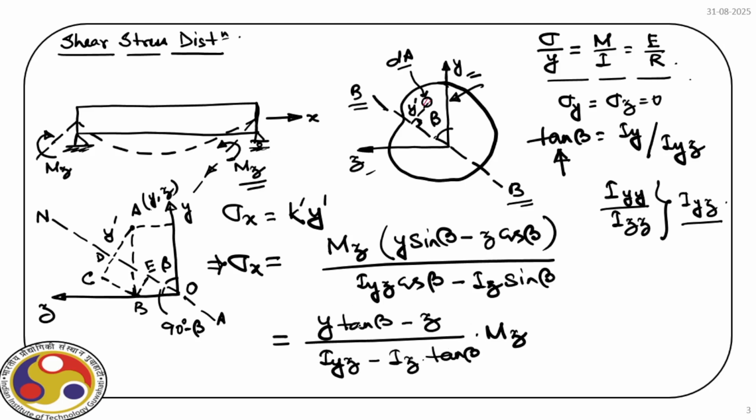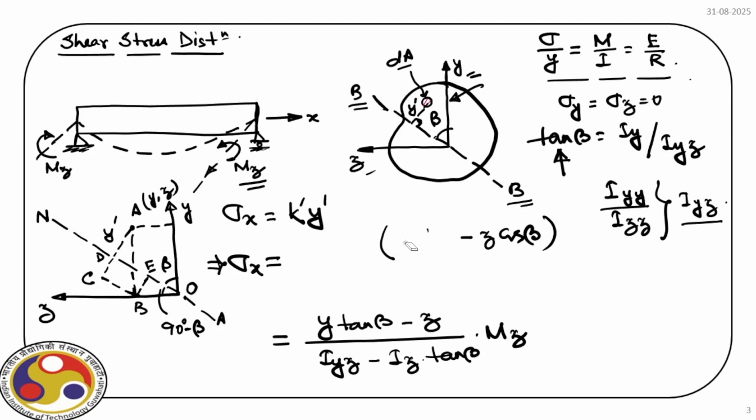Now we know the expression of tan beta, and if we put the expression, we get the final expression of sigma x in a very compact form.